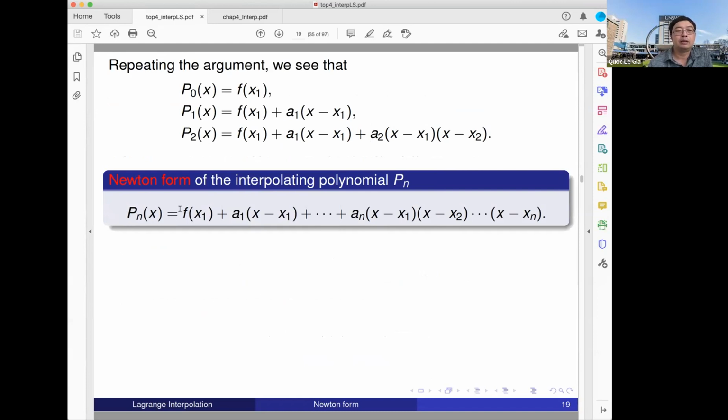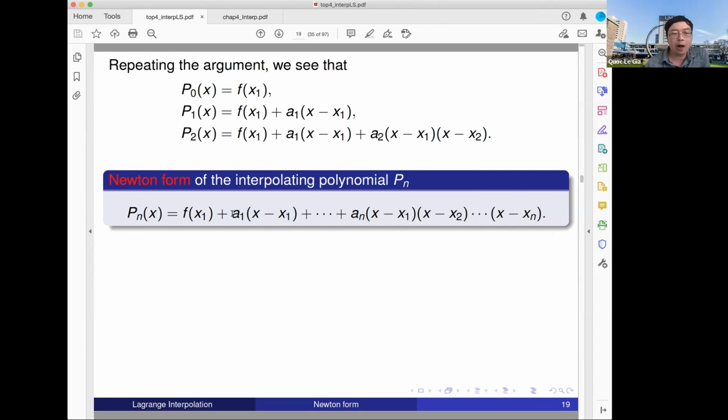So Pn is f of x1, then you have a linear form like this, a1 (x minus x1), and a2 (x minus x1)(x minus x2), and so on up to the last one. The last one is an, then the product of all the (x minus x1) up to (x minus xn).